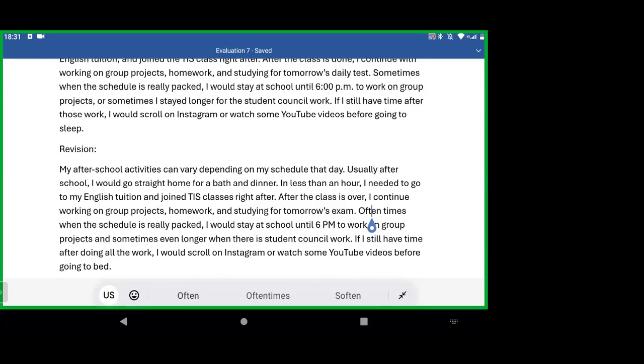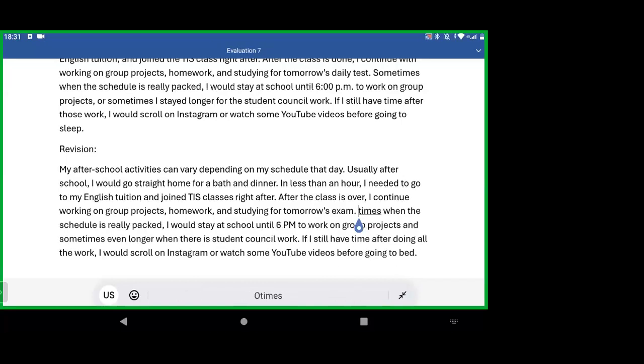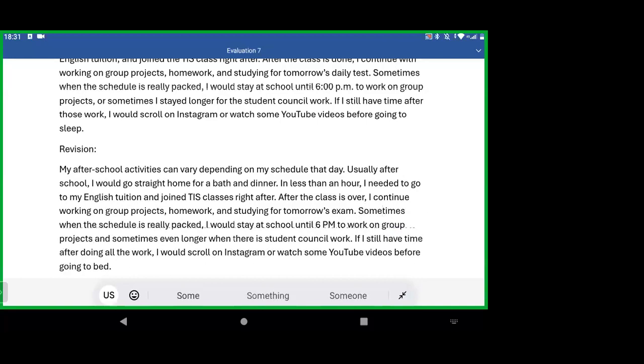But if you're trying to make the sentence, you can just keep the sometimes like that. Sometimes means that it rarely occurs, and oftentimes means that it occurs more frequently, and sometimes is kind of like the opposite.